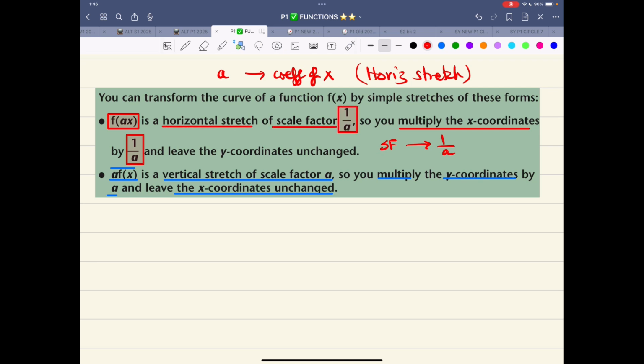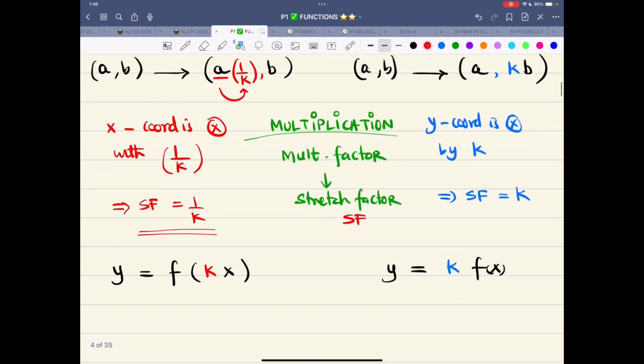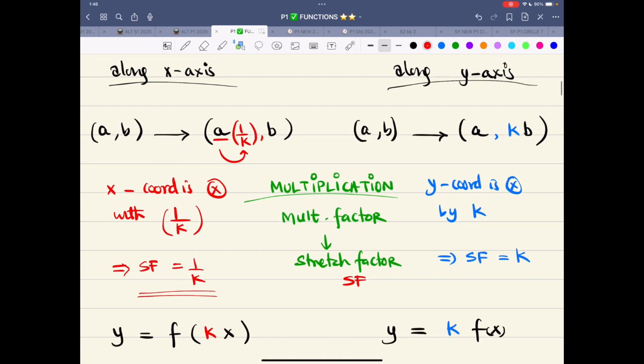That is written just like this over here. All good, all clear? So now a f(x), it's a vertical stretch of scale factor a. Multiply the y coordinates by this, and you are only multiplying the y coordinate, therefore x coordinate remains unchanged. Similarly, over here, the y coordinates remain unchanged. It's exactly the same thing that I have written over here.